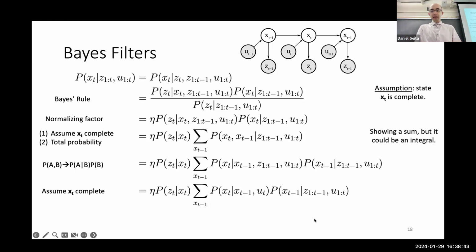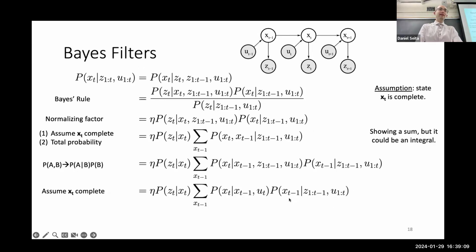All right, what about this thing here? You have the probability of XT minus 1 conditioned on all of this stuff. So if you have XT minus 1 and you're conditioning on the sensor readings from t minus 1 all the way to the earlier ones, what can we throw away from here?